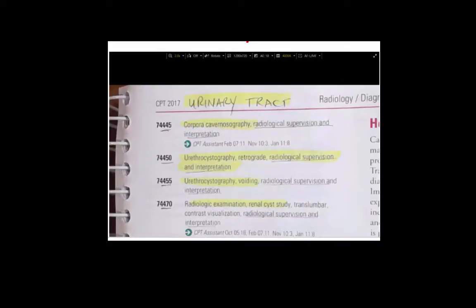And this is the 74450, telling you it is the urethrocytography retrograde, but only for the radiological supervision and interpretation.